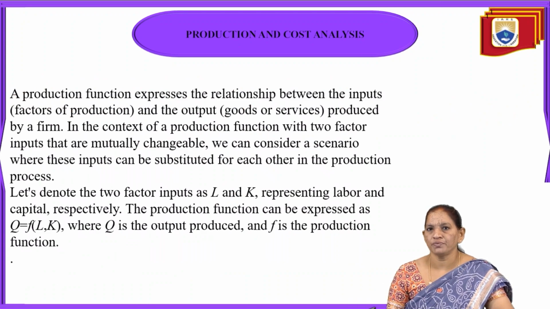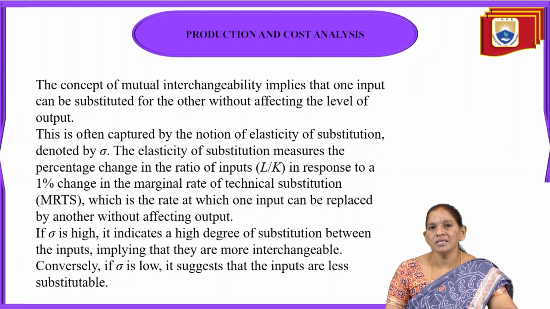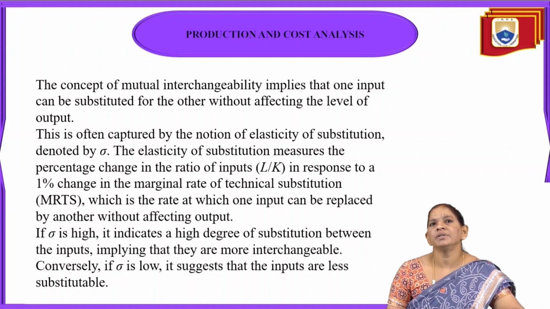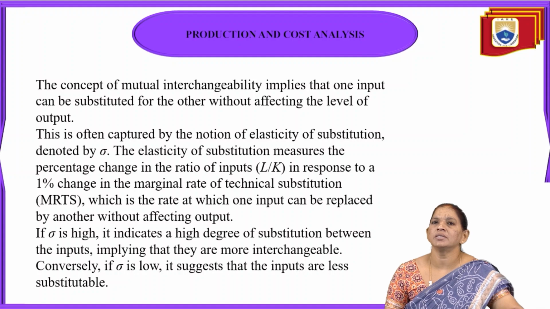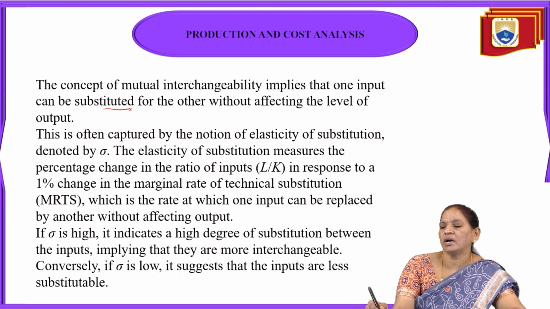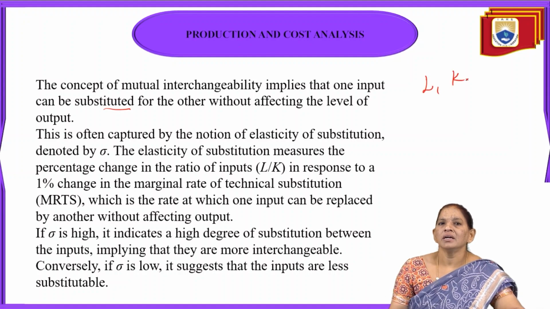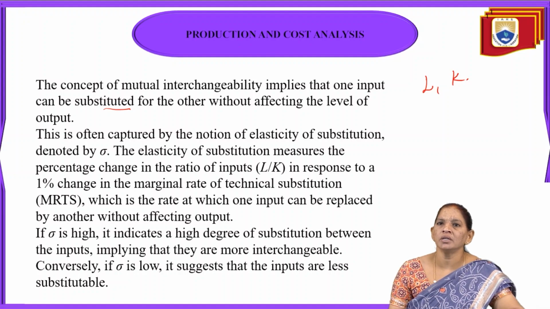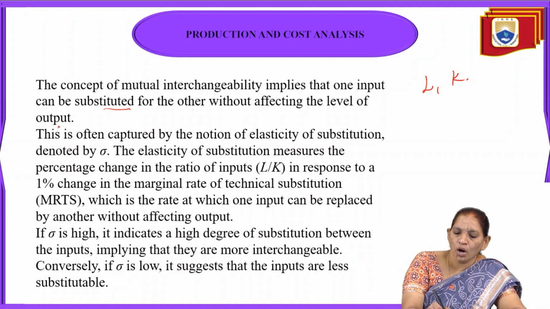Next, in this production function we can technically express the relationship between the input and output factors. By this concept, we are able to identify the mutual interchangeability, which implies that one input could be substituted for another. We have taken two factors, labor and capital. By mutually interchanging one factor for the other, we see what effect there is on the level of output.